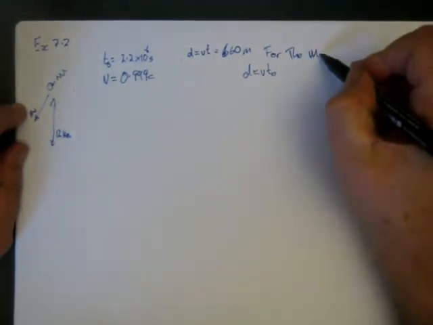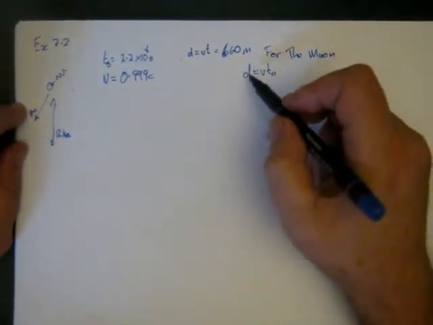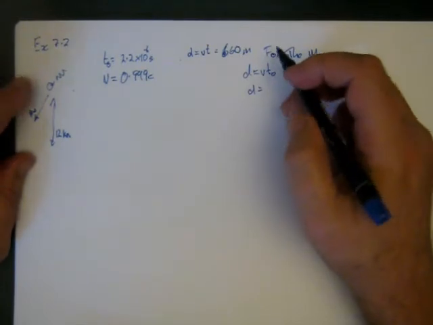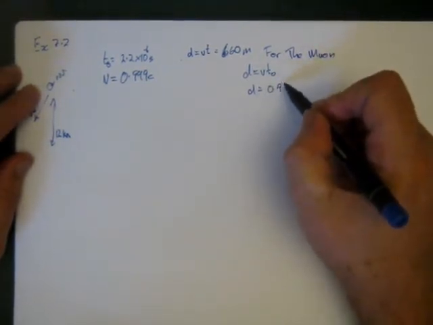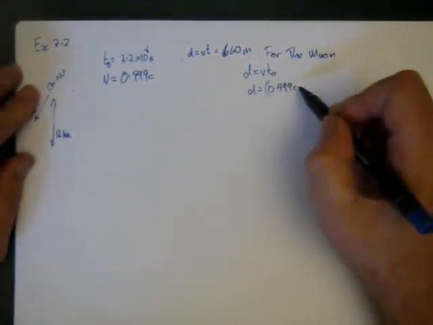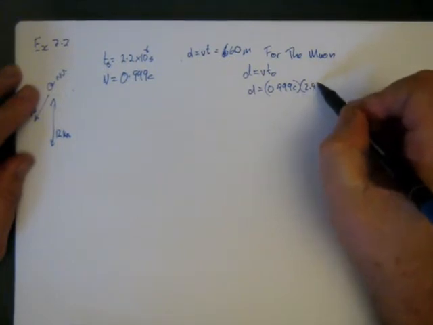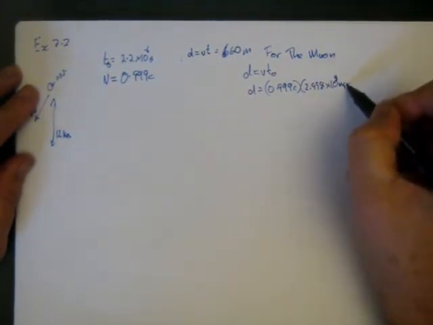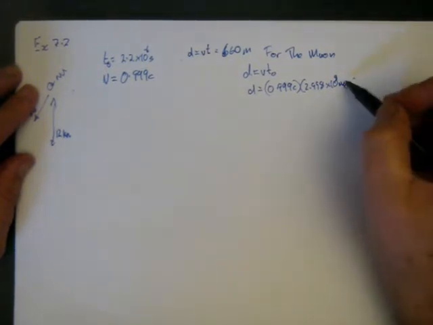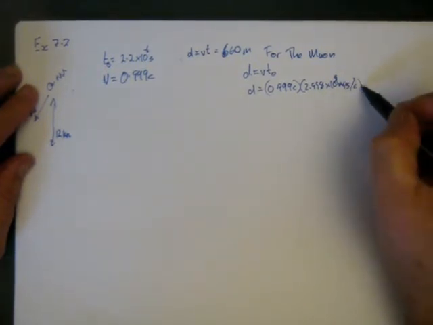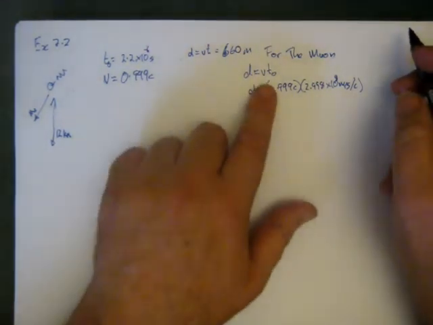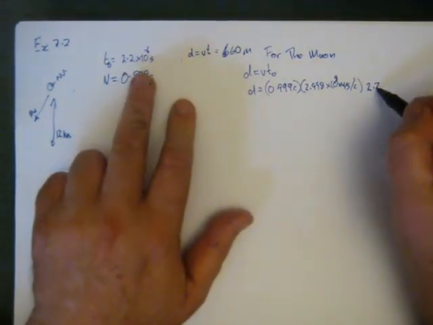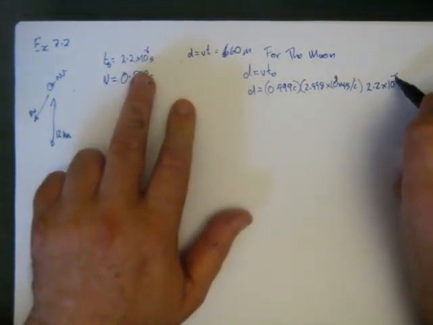So for the muon, D is equal to V, which is 0.999 C times 2.998 times 10 to the 8 metres per second per C, times the time, 2.2 times 10 to the negative 6 seconds.